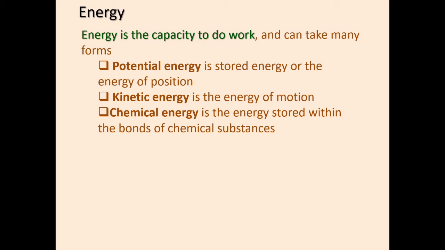When you break a bond, that usually comes with the release of energy, and that's what that chemical energy is. Notice it's energy stored, meaning it's not being used currently. Guess what else is stored? That's right, potential energy. Chemical energy is a form of potential energy.